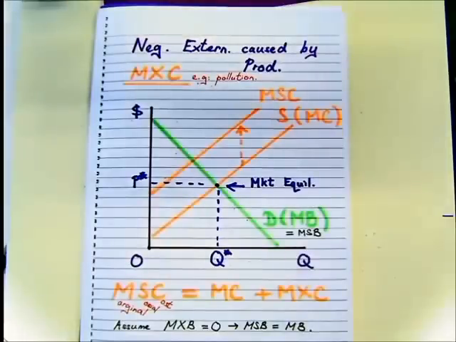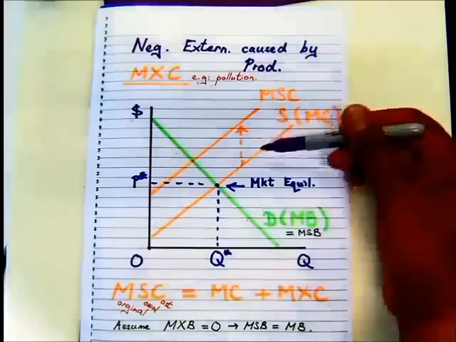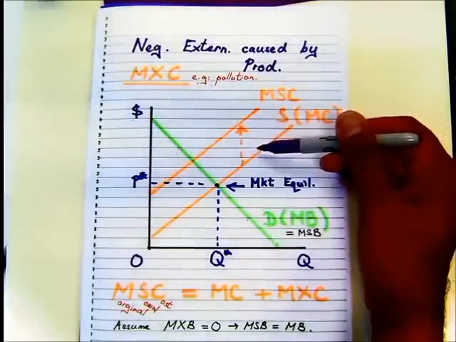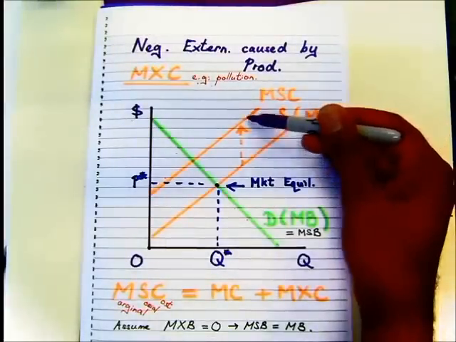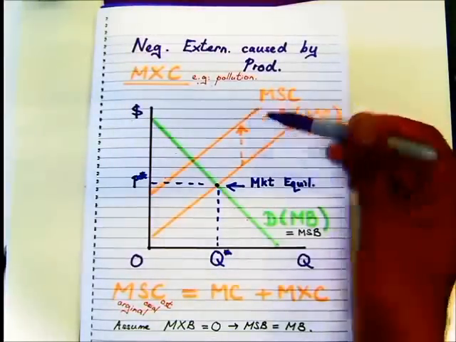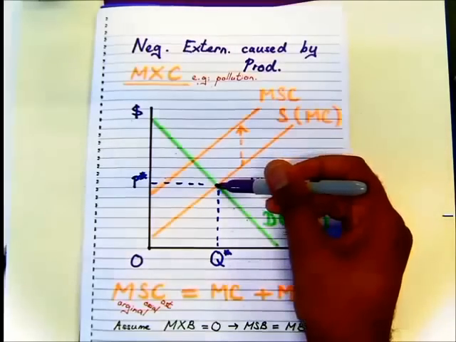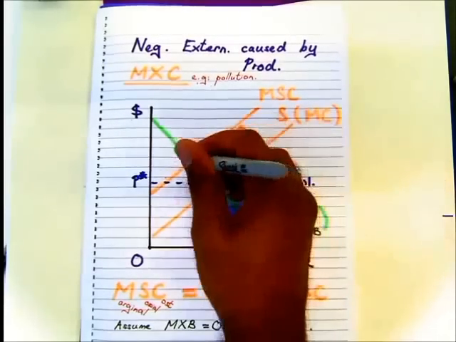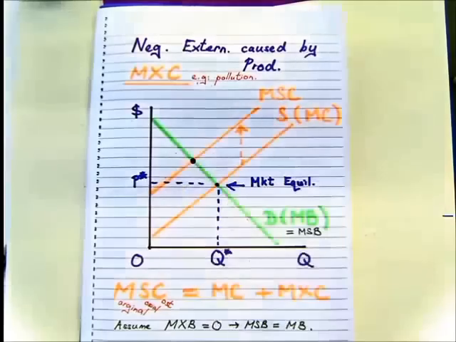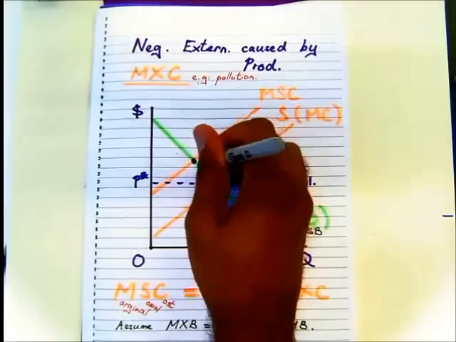However, the firm is not taking the external costs into account. If it did, the marginal cost would actually be much higher, and instead of producing at the market equilibrium, the firm would actually be producing at this point. Let's call that E2.